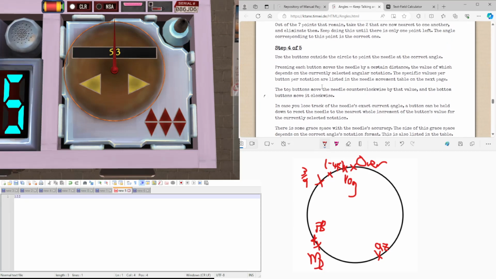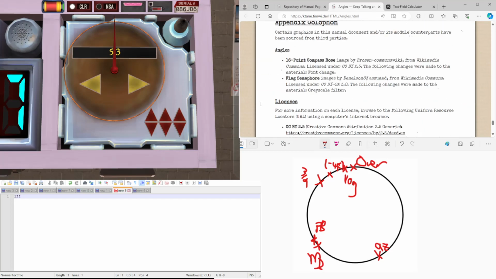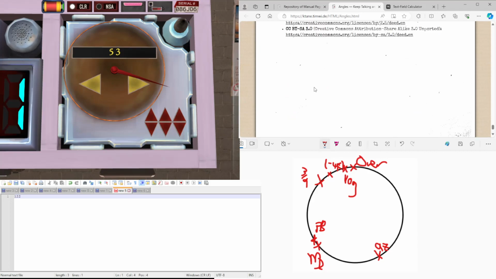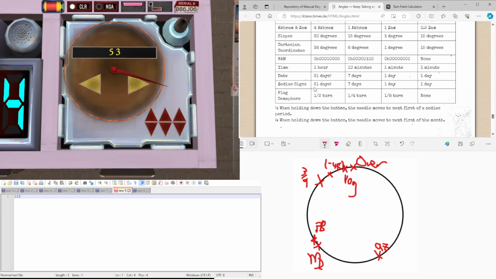It's basically, we need to go to May, so we're in January, so February, March, April, May, and then we need to go 2 more days on from that, so roughly about here.